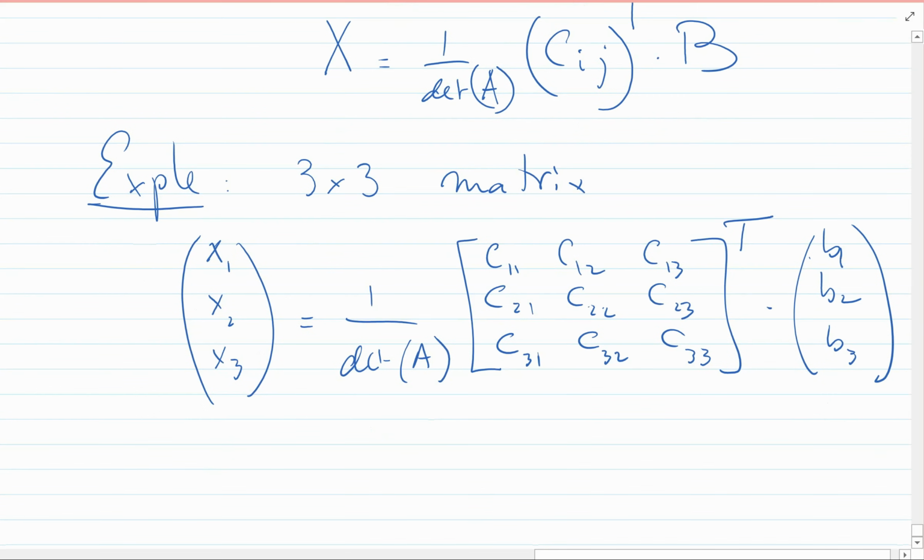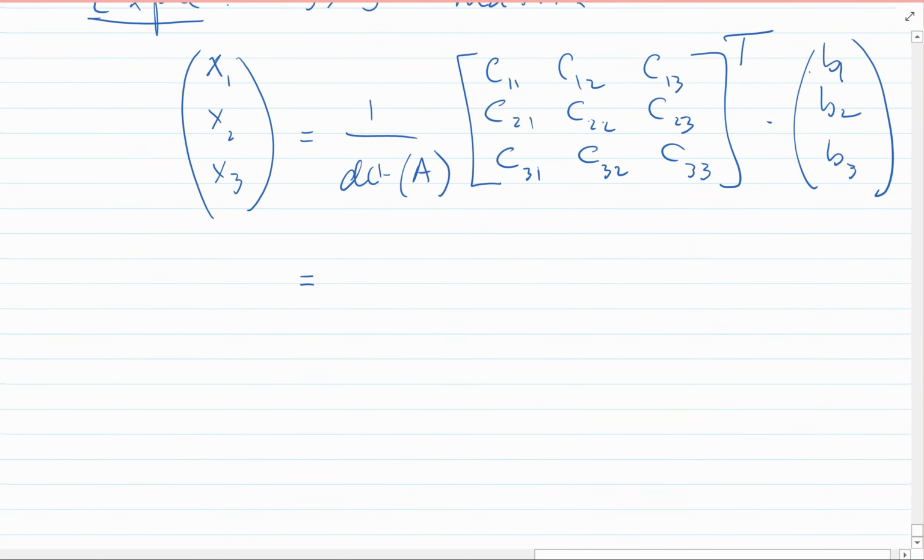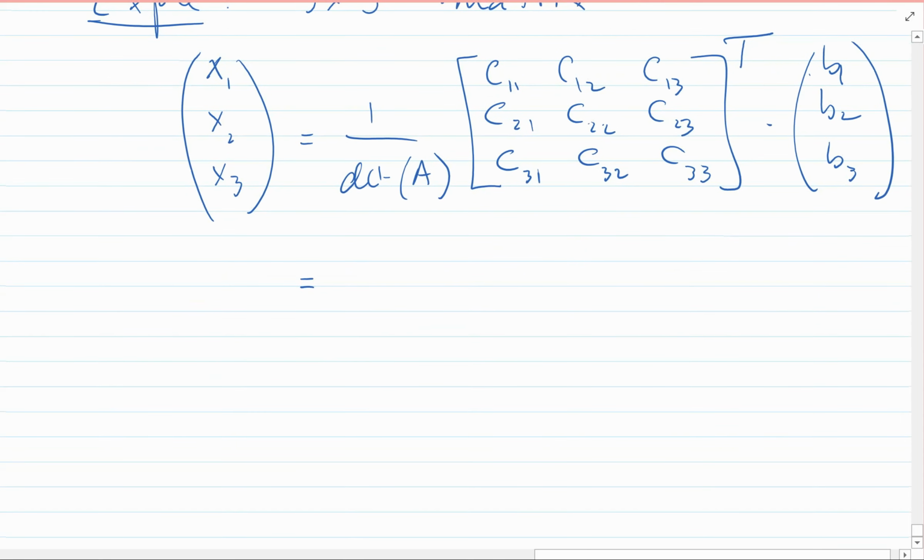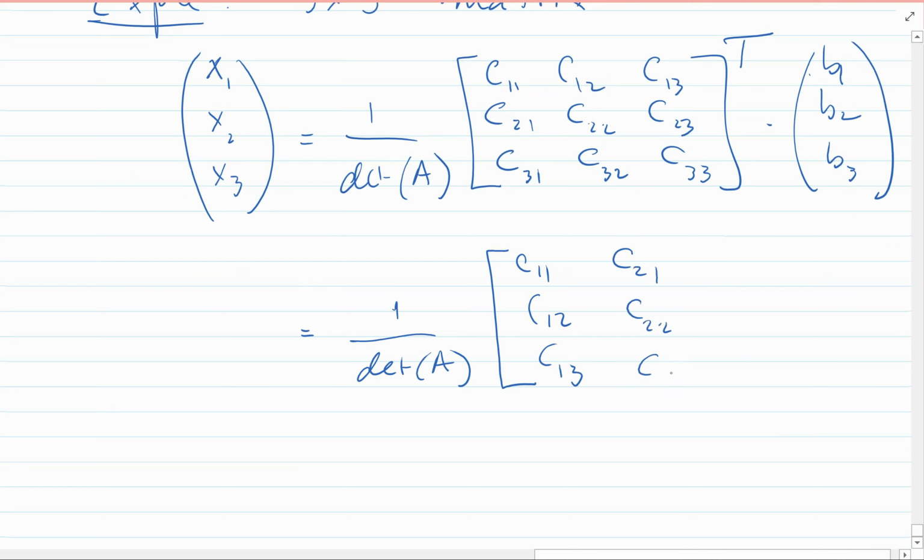So if we do the transpose, we get 1 over determinant of A times the transposed cofactor matrix times B1, B2, B3.